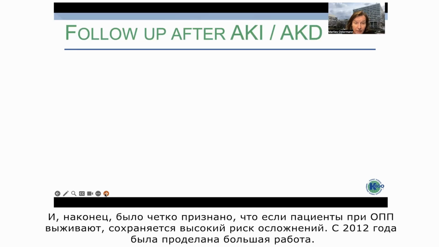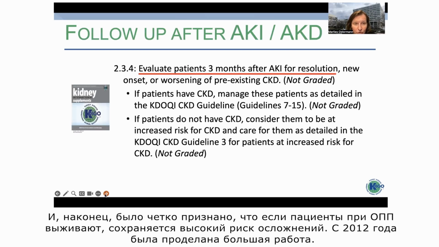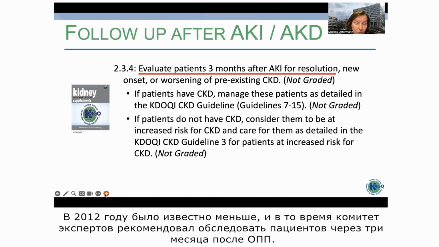And lastly, it's been clearly recognized that acute kidney injury survivors remain at high risk of complications. A lot of work has been concluded since 2012. In 2012, less was known, and at that time, the expert committee recommended that patients should be evaluated 3 months after AKI.